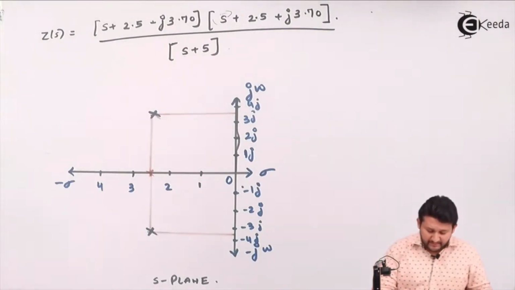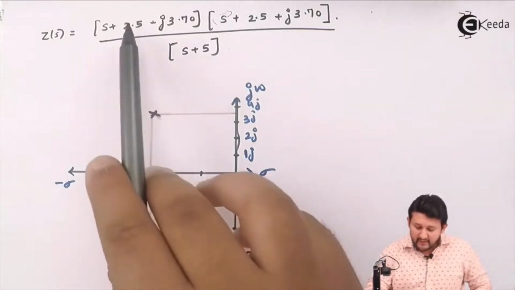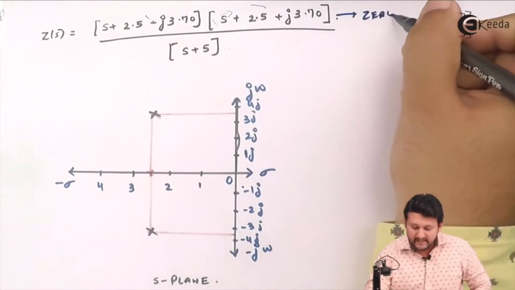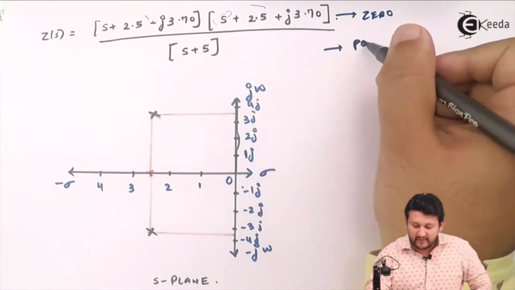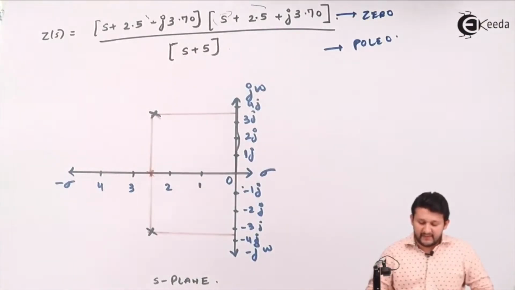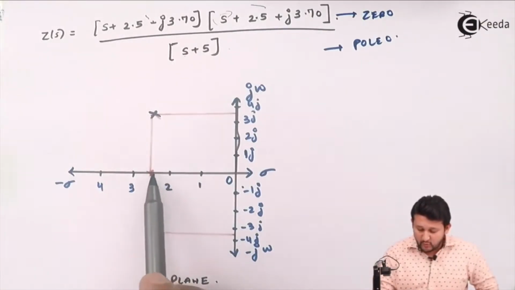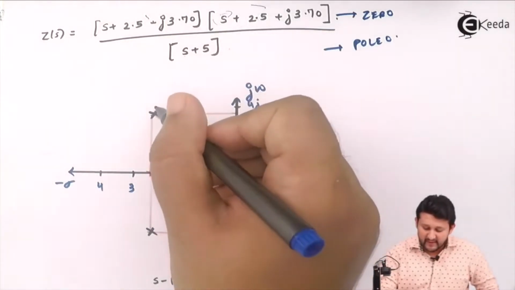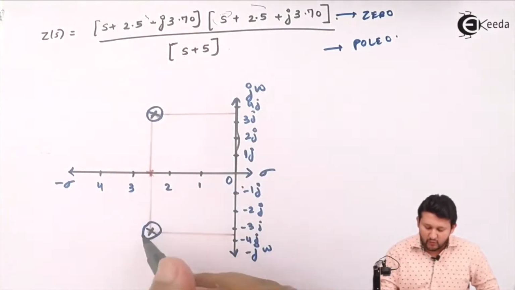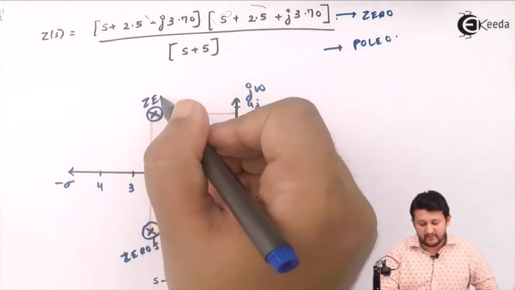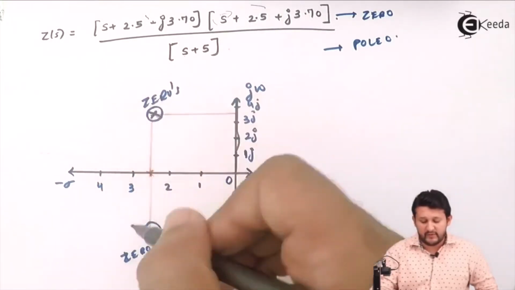That means from these two brackets, I'll be getting zeros, and from the denominator, I'll be getting poles. That means the value I got, 2.5 to this and 2.5 to this, this value will be your zeros.